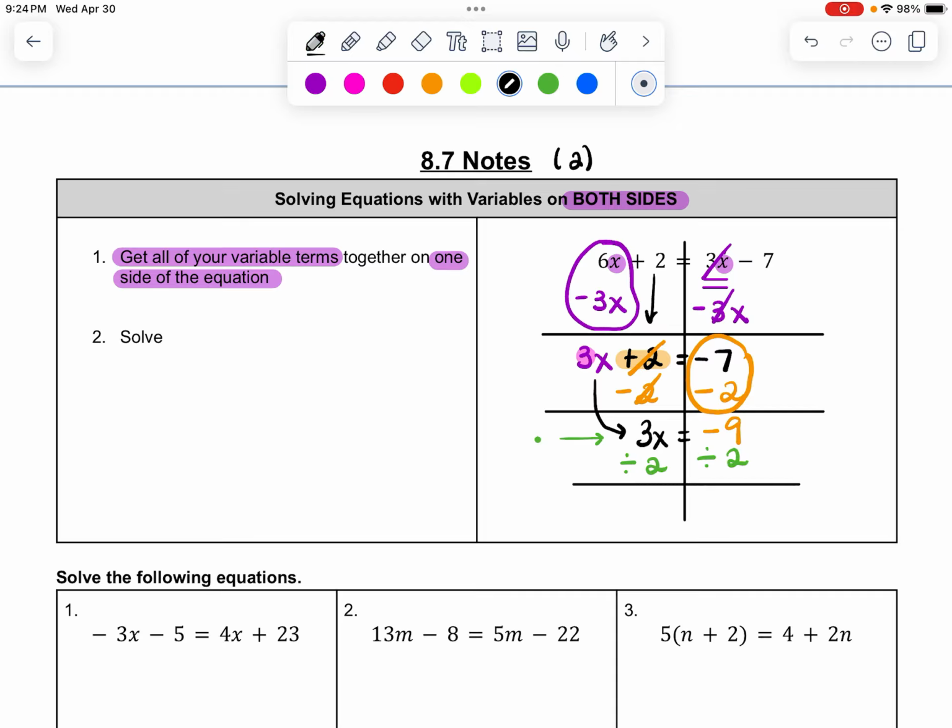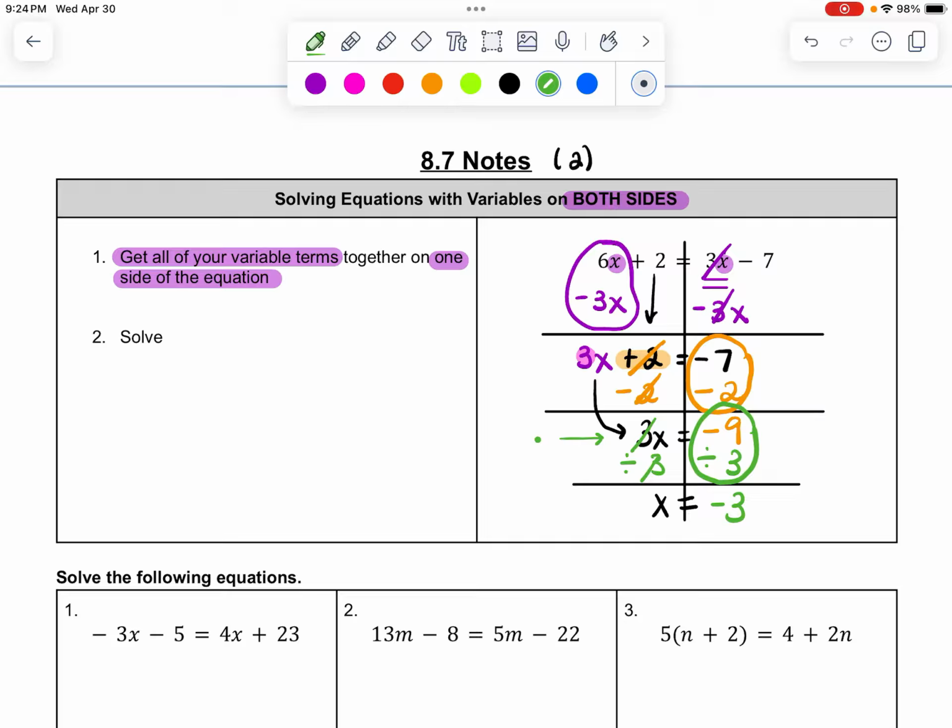Sorry, it should say divide by 3. I'm not sure why I just wrote a 2, honestly. Divide by 3. When we do that, the 3's cancel on the left-hand side, and we get x. And on the right-hand side, negative 9 divided by 3 is negative 3.